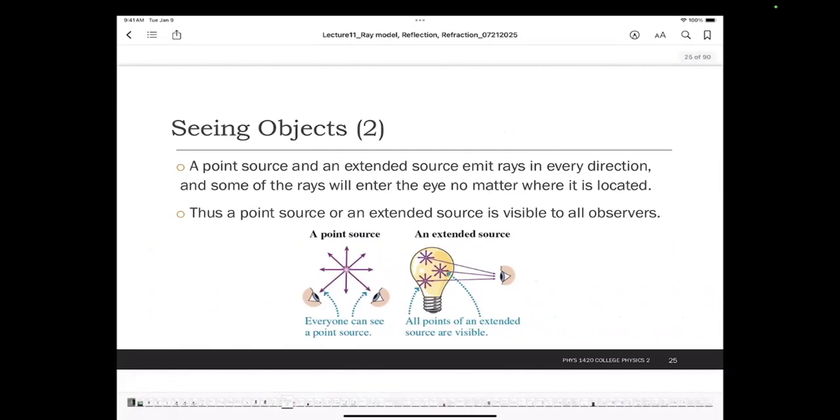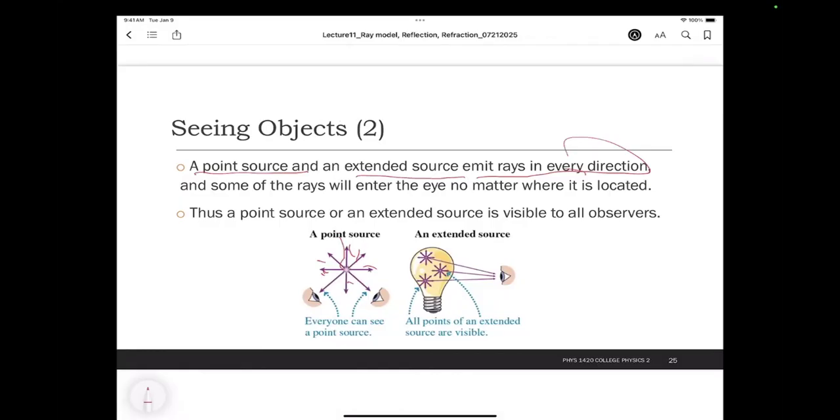Because they emit rays in every direction, there must be some rays that enter our eye wherever it is.